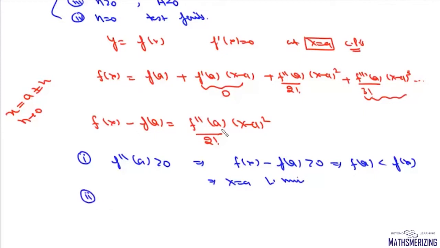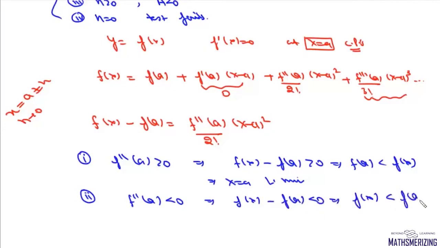And if the second derivative is negative, then we'll get f double dash a less than 0, which means f(x) minus f(a) is less than 0. That is, f(x) is less than f(a). So for all the points in the neighborhood of a, the value of this function is less than the value at this point a. So it means that this x equal to a is a point of local maxima.